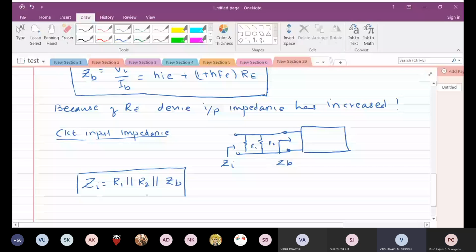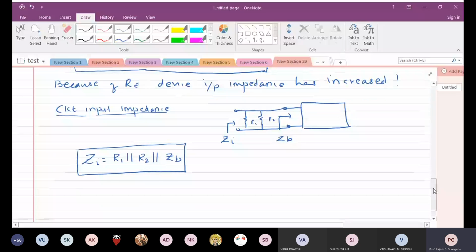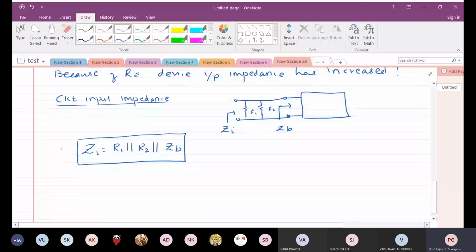So that is how you can derive the equation for input impedance of the circuit employing common emitter configuration. Please remember that these are all related to AC only. Okay? So that is it.